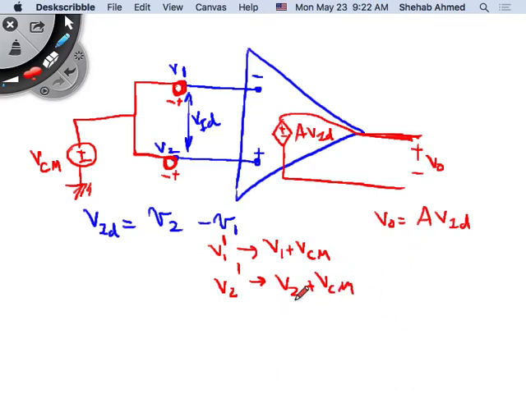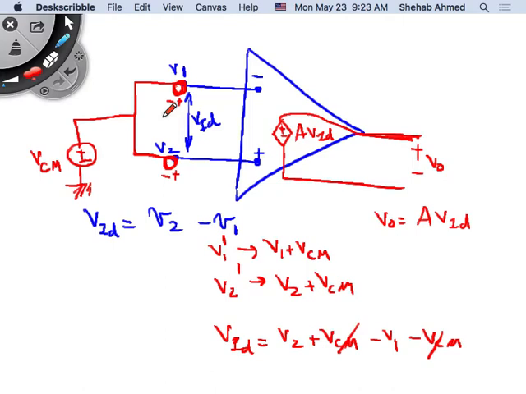So the differential voltage VID is V2 plus VCM minus V1 minus VCM. That's why the VCMs go away, and we're only left with V2 minus V1, which are my actual signals, right? Ideally this is what's happening. In this case, this op-amp has infinite common mode rejection capability. It is able to infinitely reject common mode.